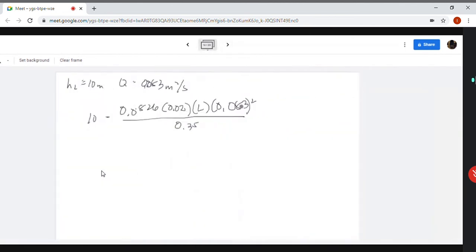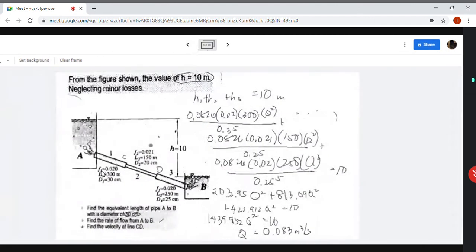So L is what we are looking for. 10 is equal to 0.0826 times L unknown times 0.083 squared times 0.02 over 0.3 to the fifth. So you equate everything using this 30 cm pipe, using 0.02.